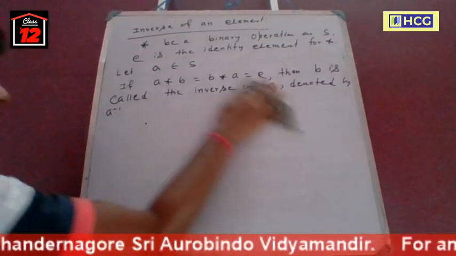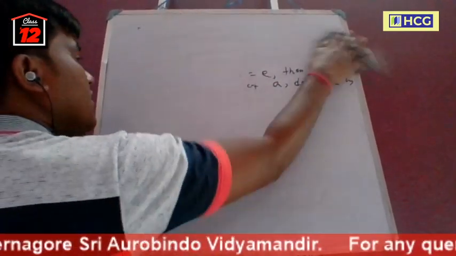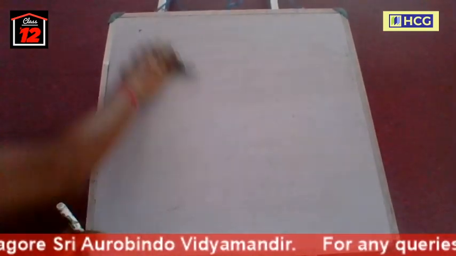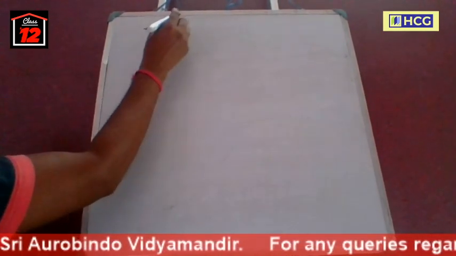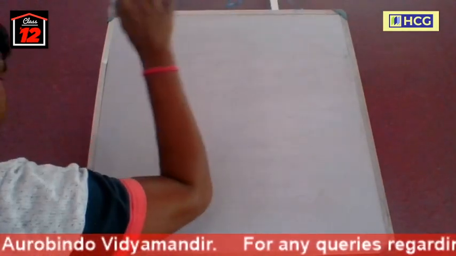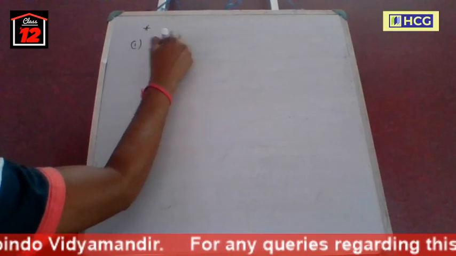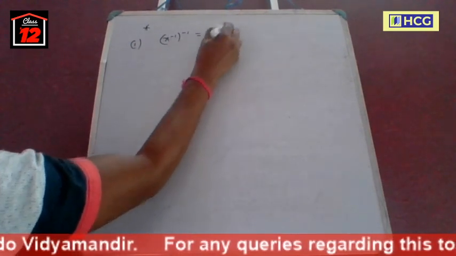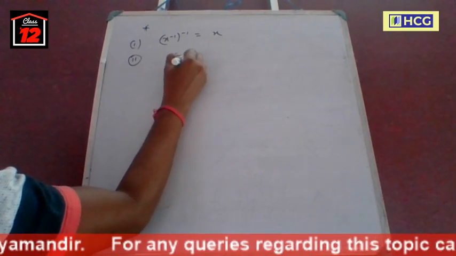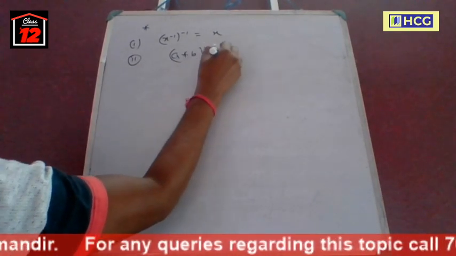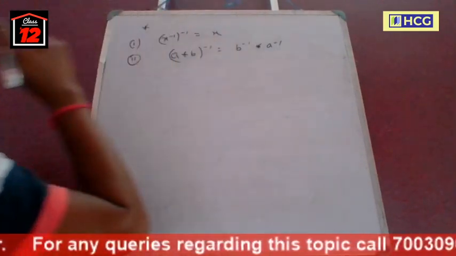Now homework. Write three homework problems. Assume the operation star is associative on the set S. First, prove that the inverse of the inverse of x equals x. Number two, the inverse of a star b equals b inverse star a inverse.